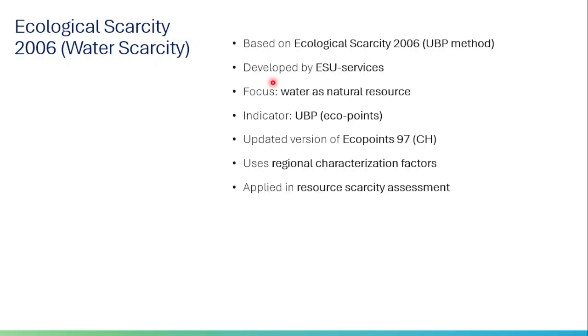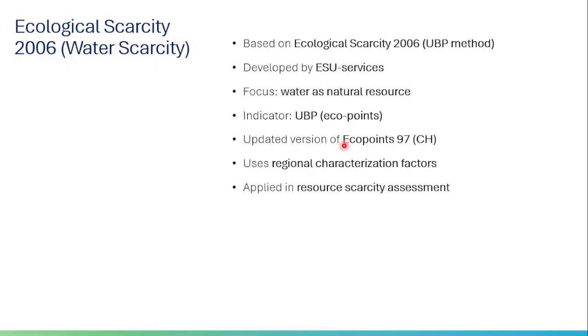This method is based on the concept of ecological scarcity, where environmental impacts are expressed in environmental loading points, known as UBP, eco-points. These points reflect how much a certain resource use contributes to environmental pressure compared to a predefined policy target.